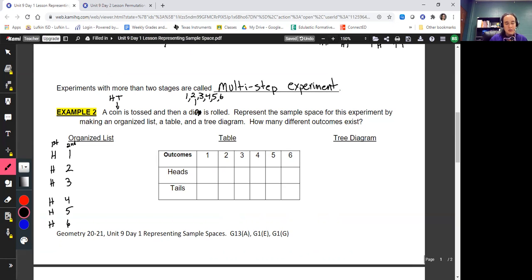And that's just having heads as our first coin toss. You could also have tails, and then a 1 being rolled, tails and a 2, tails and a 3, tails and a 4, tails and a 5, or tails and a 6. And that gives us 12 possible outcomes.